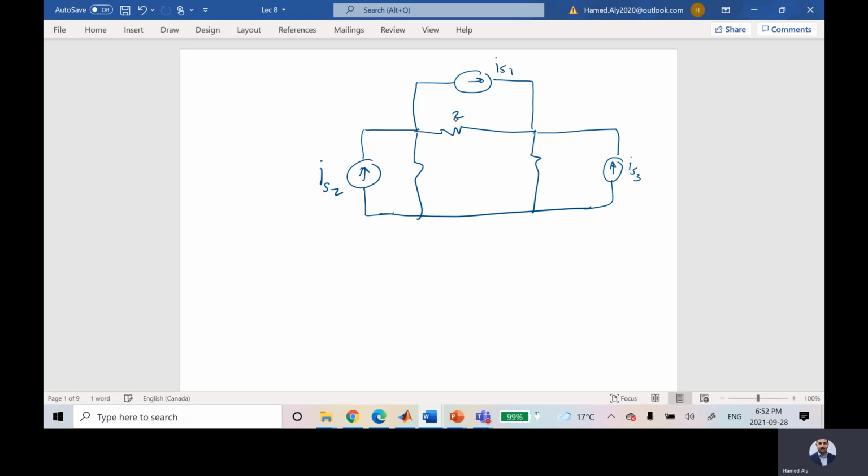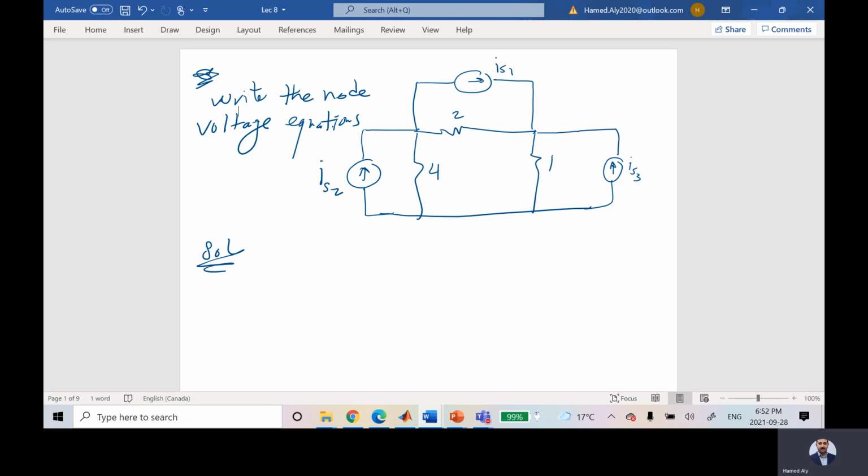And this resistor is 2, this resistor is 4, this resistor is 1. And what is needed for this circuit example? I would like you to write only the node voltage equations. So try to solve this problem for writing the node voltage equation.